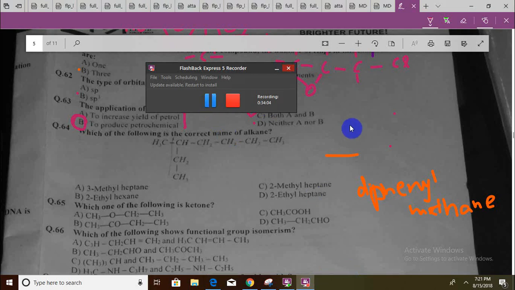Right. So natural gas is the lightest, used as a fuel. You burn it, especially for domestic work. Petrochemical to derive other chemicals. Petroleum ether, that is from C5H12 to C6H14.